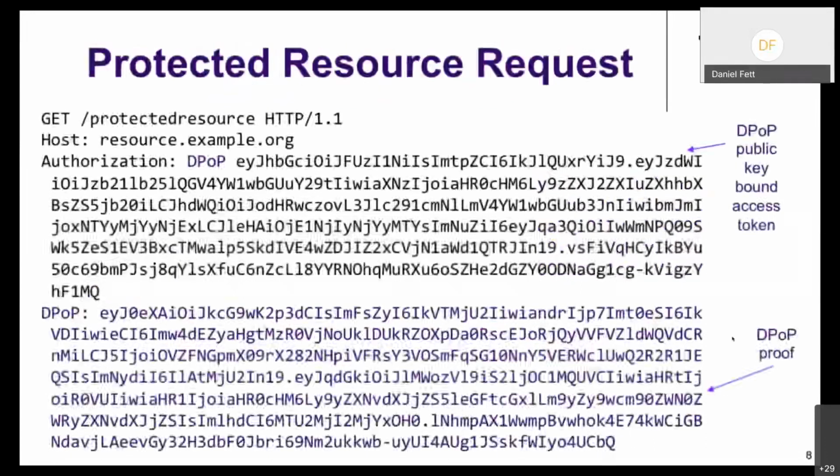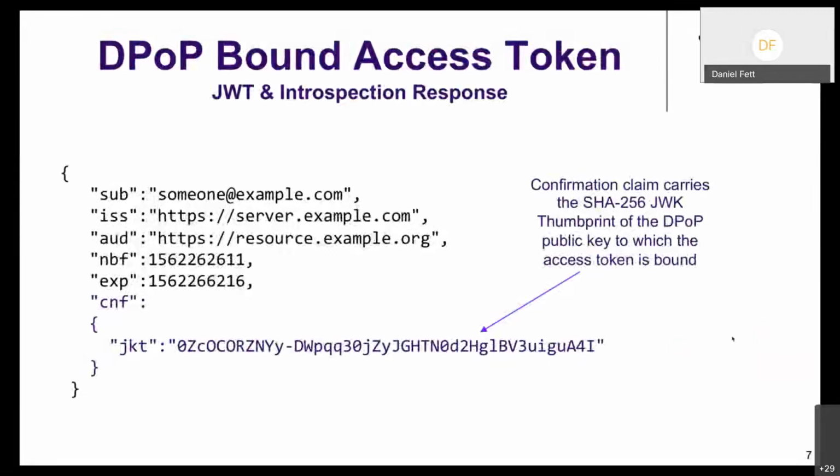Daniel here. At the end of the day, the DPoP proof is really independent from what is in the access token. The DPoP proof works the same way whether it's a JWT access token or an opaque string or whatever. This is just a nice piece of information to tell the resource server that this access token is bound.